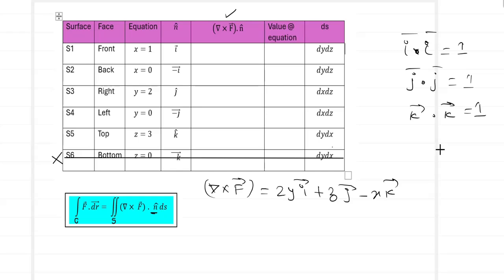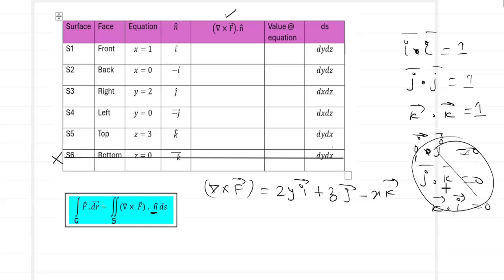All other mismatched combinations like i dot j is 0, j dot k is 0, k dot i is 0. So whatever be the mix match, all of them are going to vanish. Only i dot i, j dot j, k dot k is going to exist. So now when I consider this i vector, I take the del cross F dot n cap.